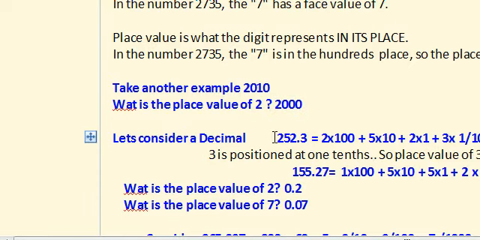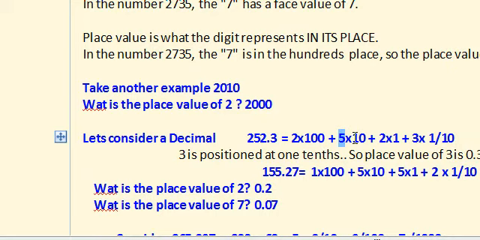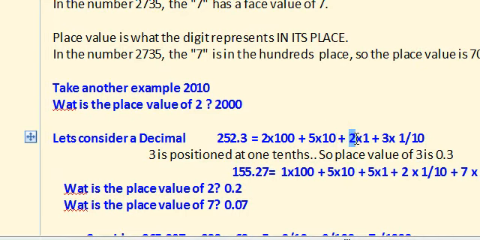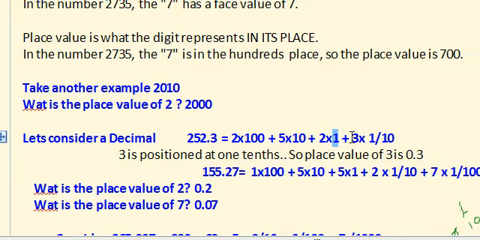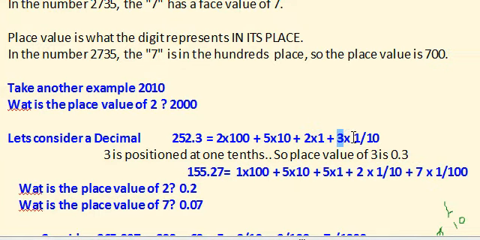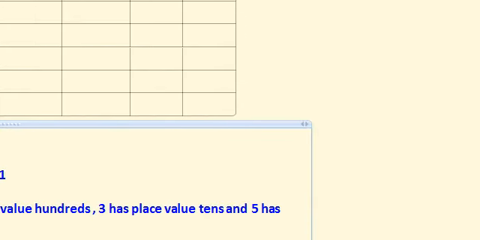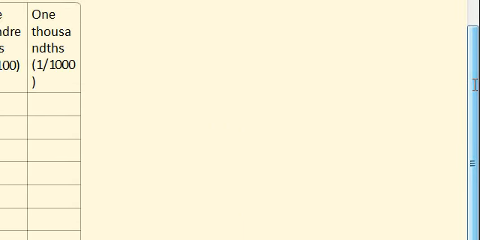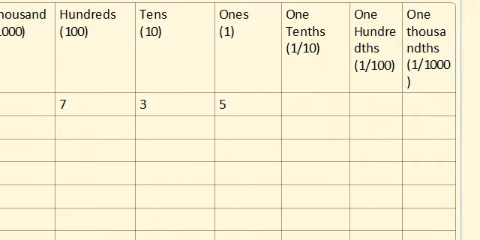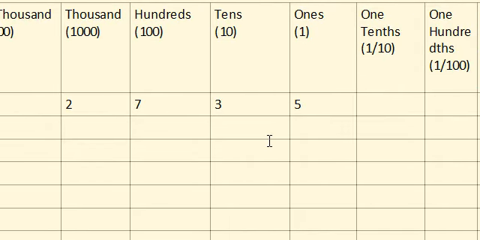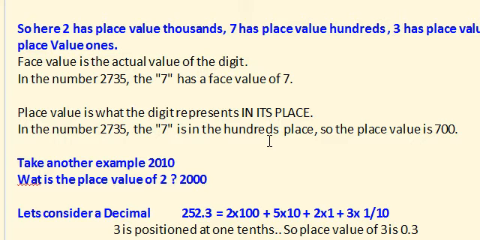When we get a number 252.3, what we can write is 2 with its place 100, 5 with its place 10, 2 multiplied with its place 1, and then comes the decimal 3 multiplied by its place 1 by 10. Let's go back to this chart. Okay, so we had the number 252.3.